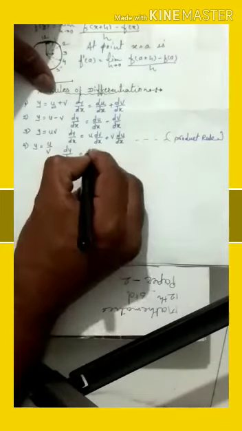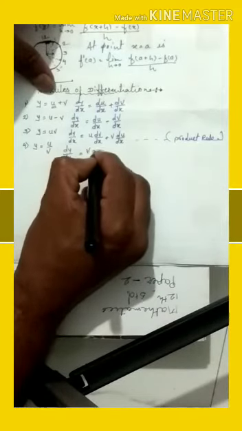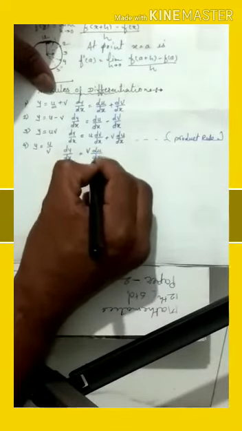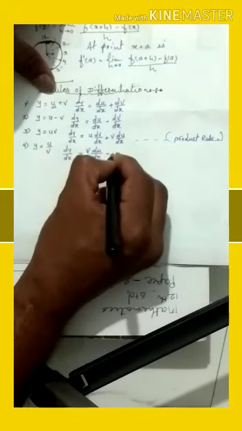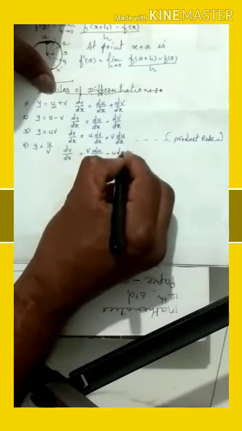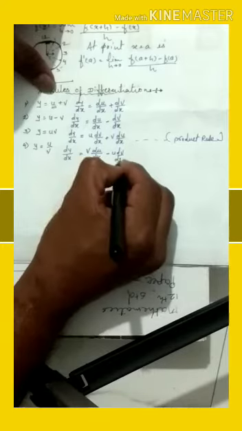So what we will do, the function which is in the numerator, we will say it as a first function, and the function which is in the denominator, we will say it as a second function for our convenience. So second function, derivative of first, minus first function, derivative of second, and this rule is called as quotient rule.